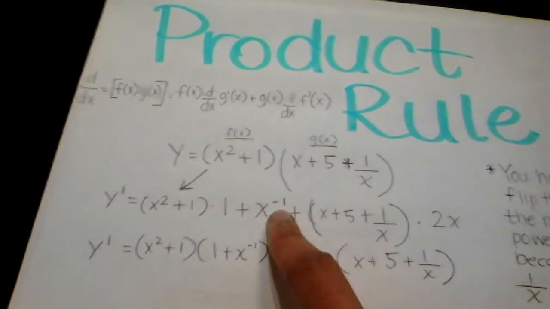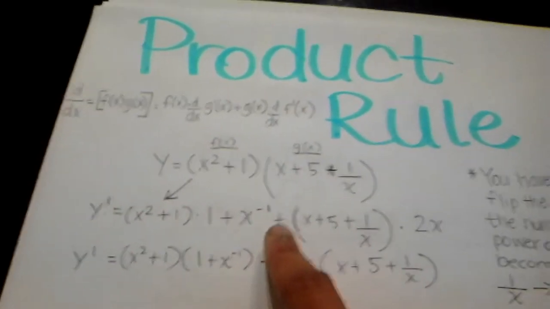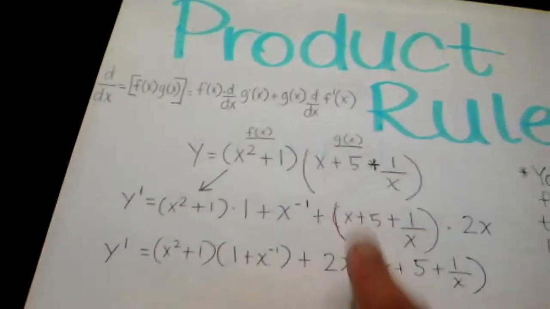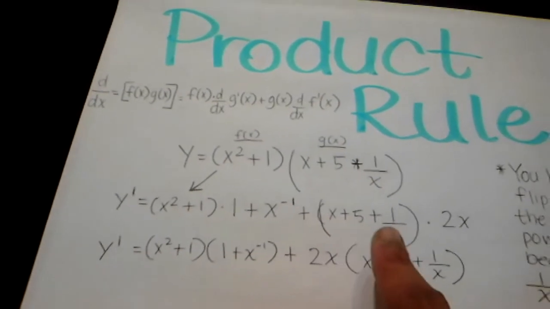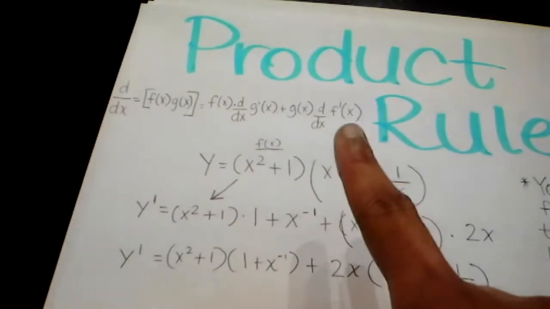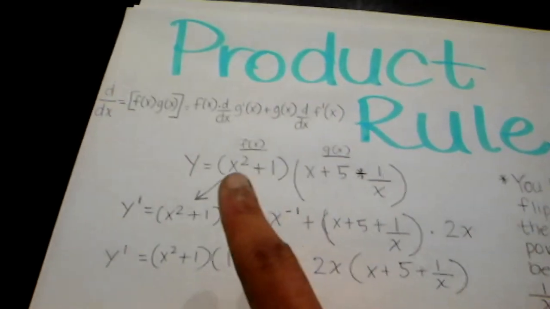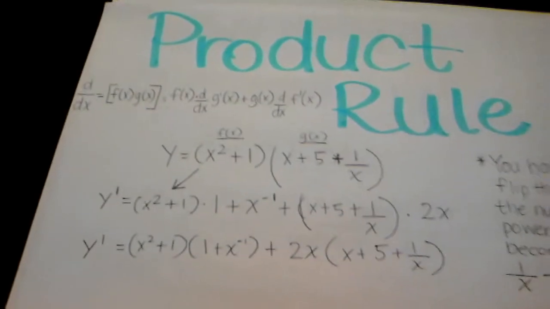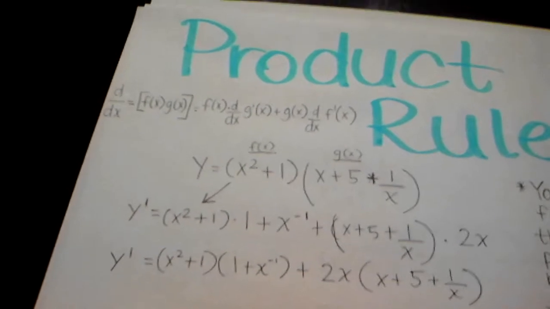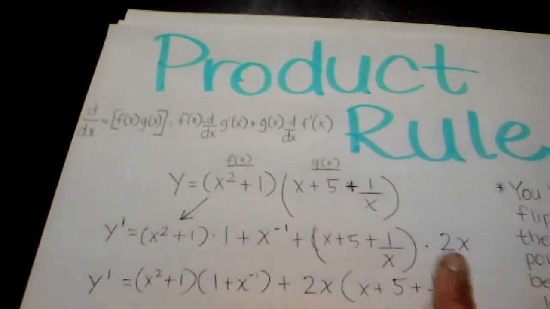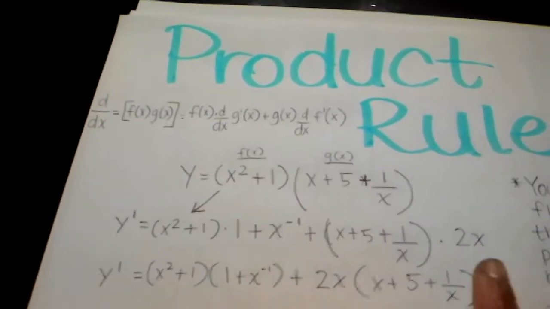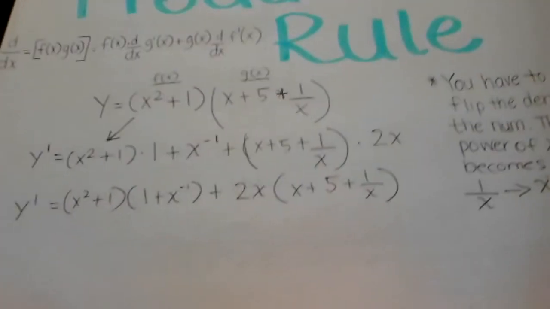And it no longer becomes a fraction. Plus g of x times the derivative of f of x, which is this equation right here. So the derivative of x squared is 2x, and the derivative of 1 is 0. You don't have to add the 0.